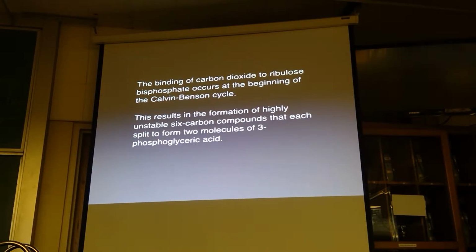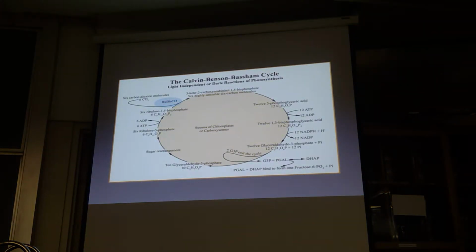So you get this highly unstable 6-carbon compound. It splits in half into 3 carbons. If we think about this, this pathway is ultimately going to release organic compounds, which the cell can then use to build other kinds of things. Very often, when you see the diagram, what you see is the Calvin-Benson cycle spinning off glucose or fructose.